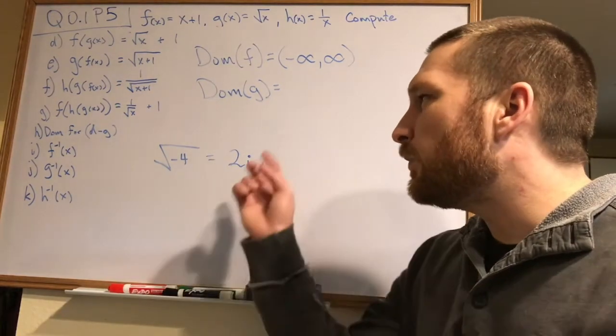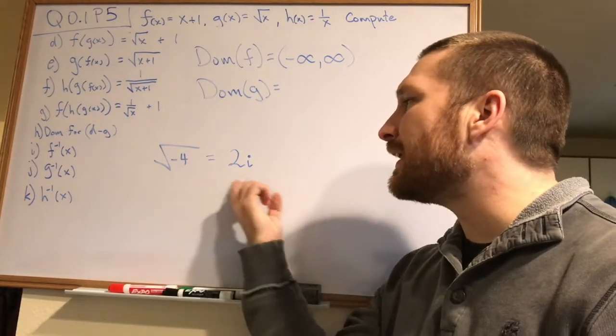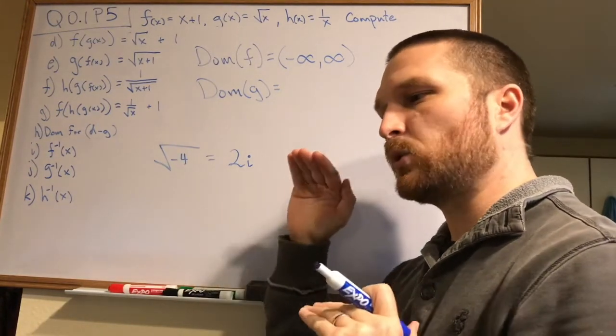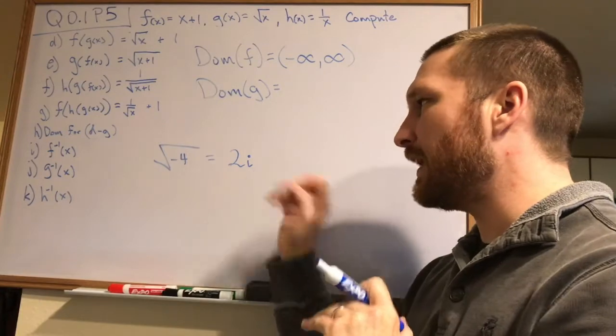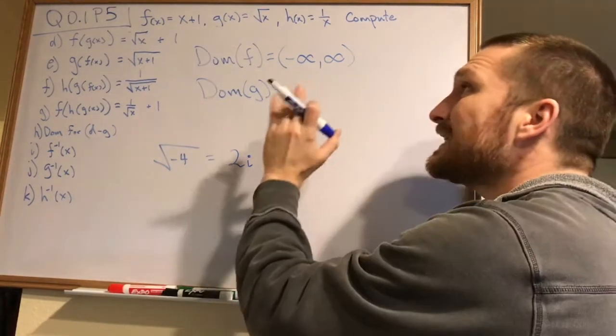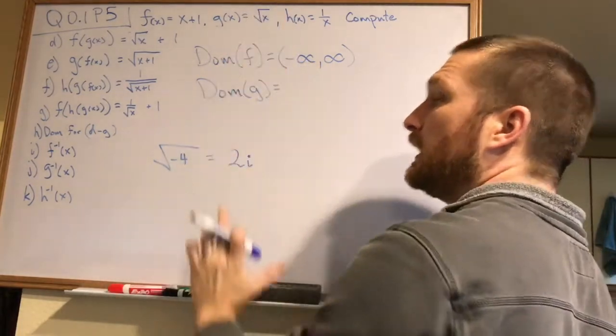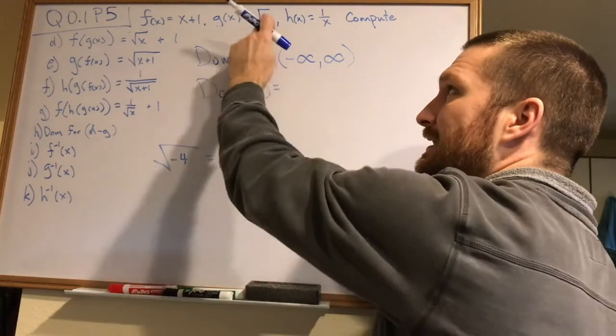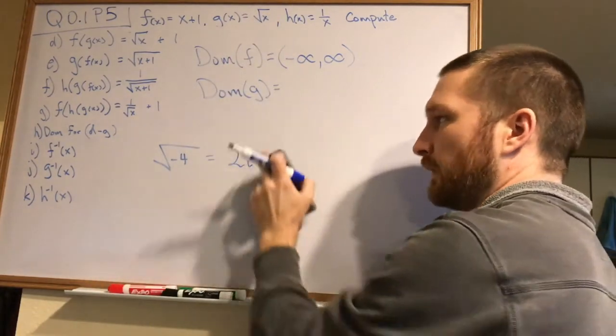The problem is, if you put in a negative number, you get a complex valued output, right? And we want to stick to just the reals. We don't want any imaginary numbers. So what we're going to do is restrict the domain that we could put in here, and we're only going to put in values into there that are 0 or bigger.